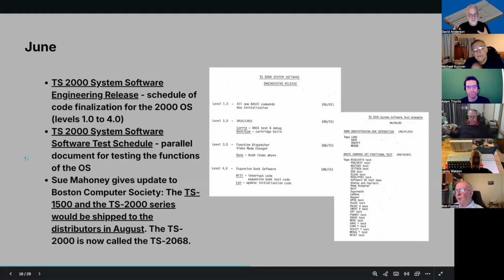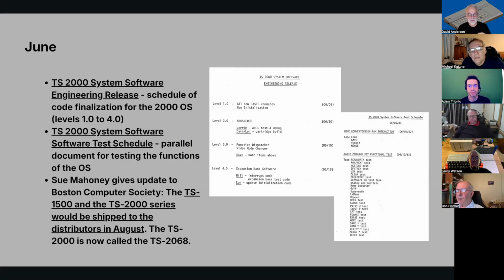So by June, they are getting close to being able to release the ROM. And of course, this is a big deal because, without that, you can't ship the computer. They had this software engineering release, and these levels. I'm not entirely sure why they did this in this way, but there's a reference to this a little bit later on.